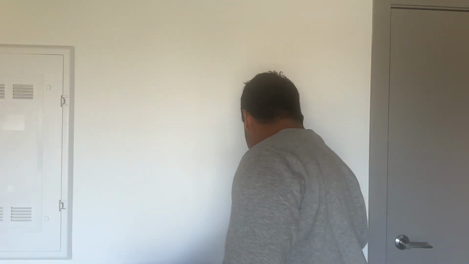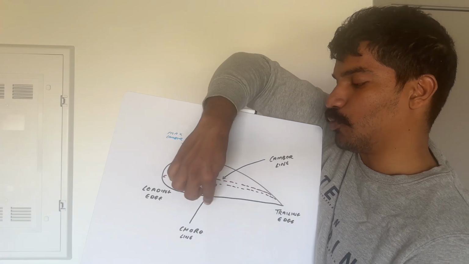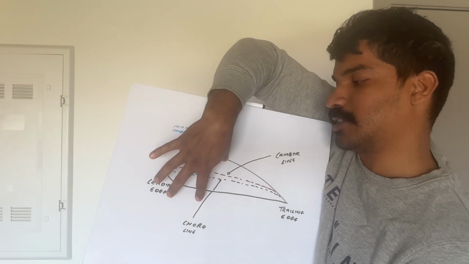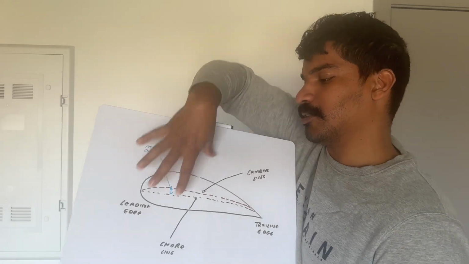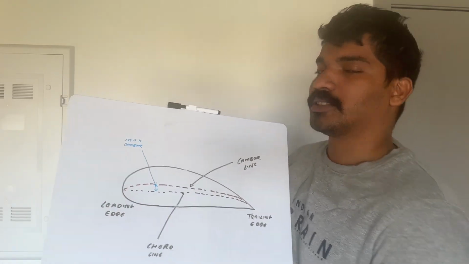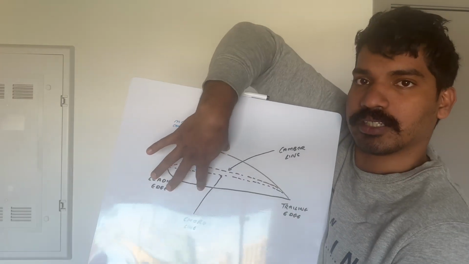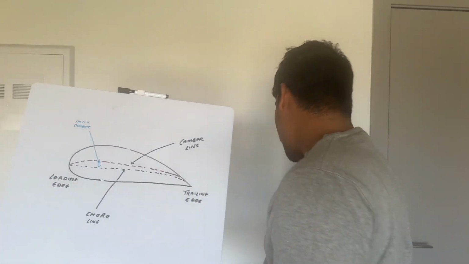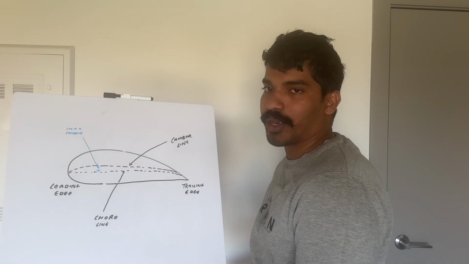There are a few more definitions, like maximum thickness. Maximum thickness would be the difference between the upper and the lower surface of the aerofoil. It is self-explanatory. Maximum thickness is this, the distance between the lower surface and the upper surface. And finally, there's one more: the maximum thickness chord ratio.